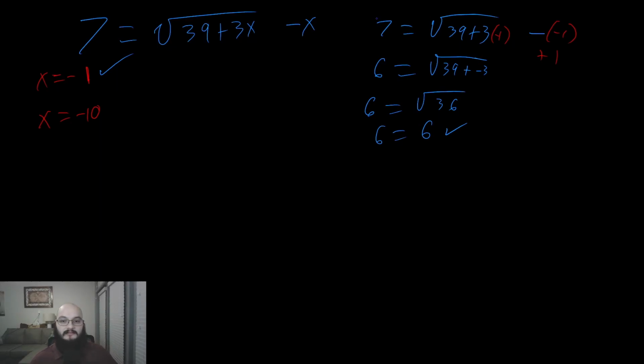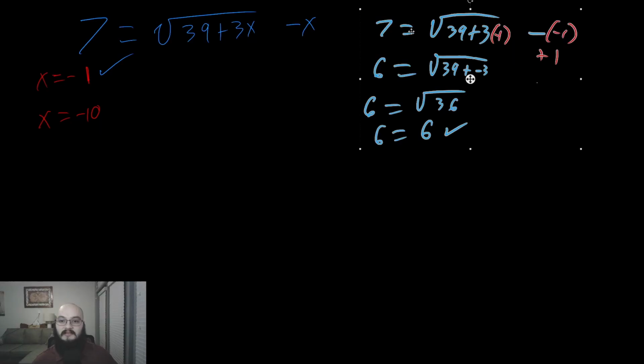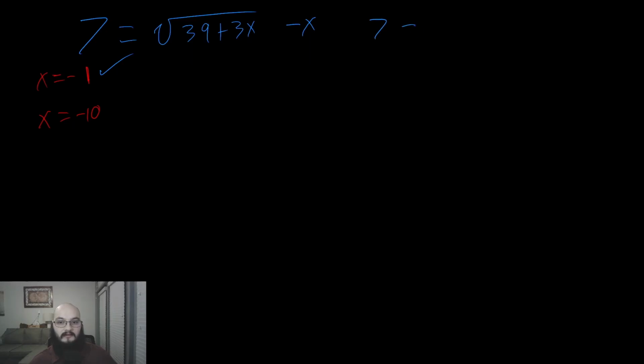Let us try -10 and see if that one also works. We have 7 is equal to the square root of 39 plus 3 times -10 minus -10.